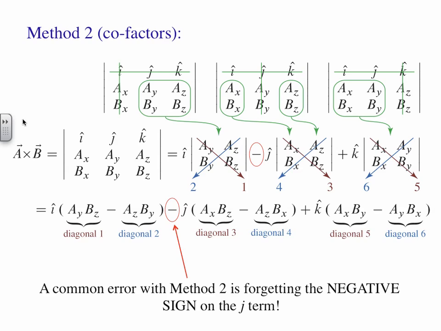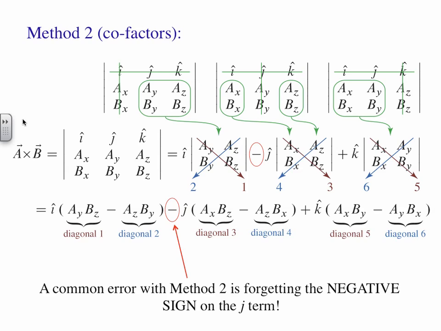Yet another way of evaluating the cross product involves something called a cofactor. Like the determinant, this is a concept from linear algebra, and you need not concern yourself with what it is. The procedure involves summing 3 terms, each formed from a smaller residual array, resulting from striking out the row and column of a particular unit vector.